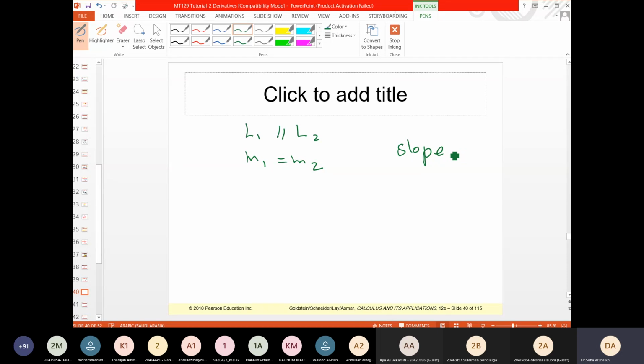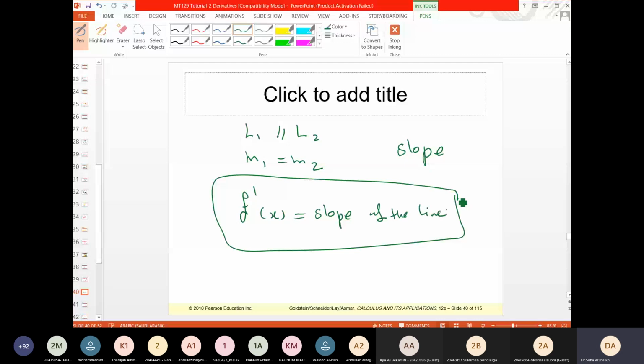The slope of the line that's parallel to your tangent line. Anyway, you have to find the derivative, f dash of x, and in this case let f dash of x equal to the slope of the line that they give to you. They give you a line, and they say you want the tangent line that's parallel to this line, so make f dash equal to that slope. You got it?